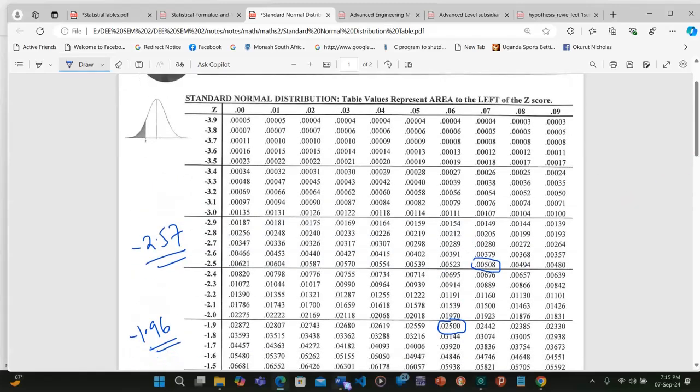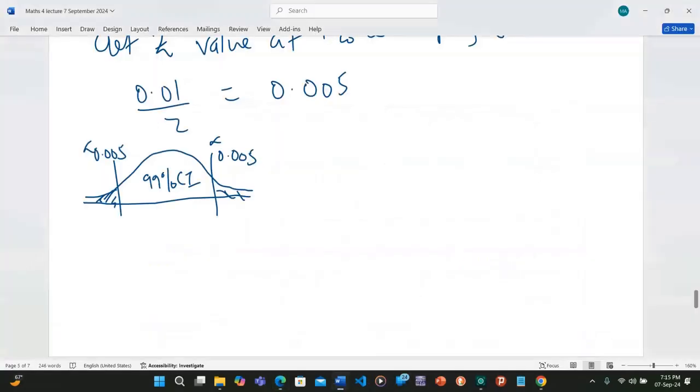So we go and put that value here. This is positive 2.57. This is negative 2.57.